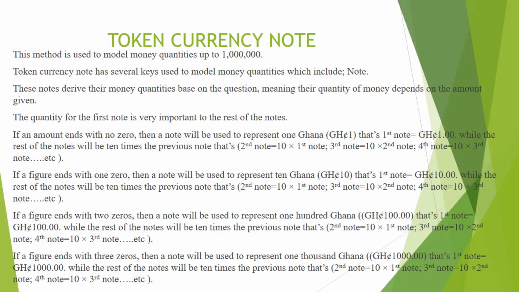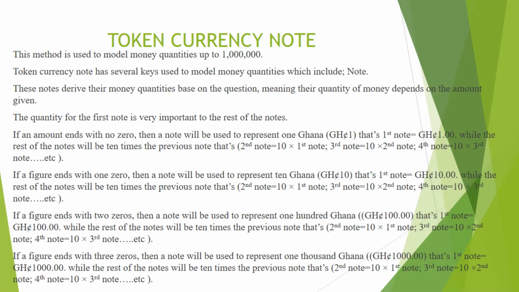Then if a figure ends with only one zero, your minimum currency note is supposed to be 10 Ghana cedis. The next one will be 10 times 10 Ghana cedis. So 10 Ghana cedis, 100 Ghana cedis, 1,000 Ghana cedis.